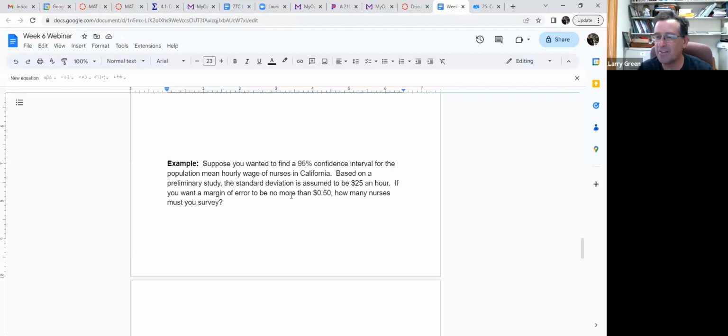Remember, we have a big state with over 40 million people. Do you have to survey half of them? That would be miserable because you'd have to survey like 100,000 nurses. Good luck. So you want to decide how big a sample you need to have a nice confidence interval with a small enough margin of error. Any questions on the idea?